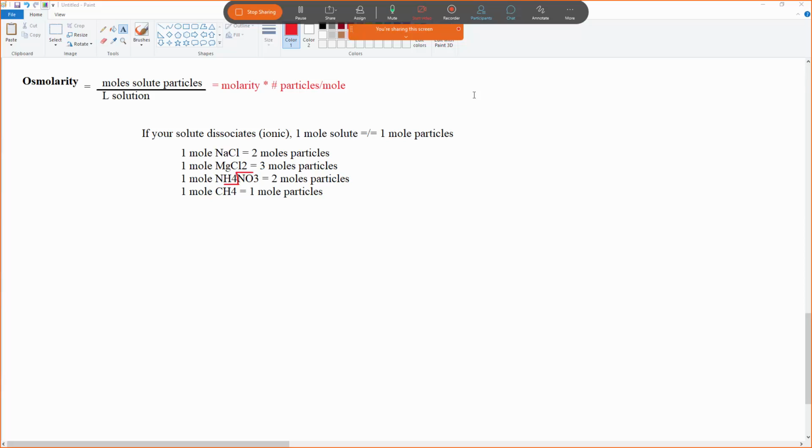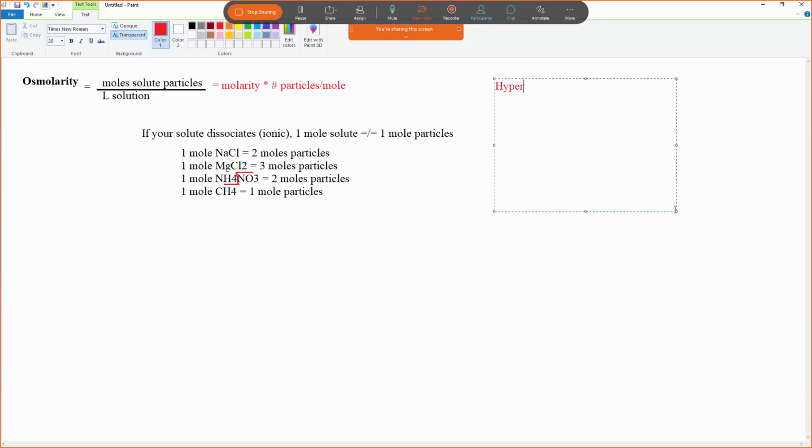Hypertonic equals a higher osmotic pressure, and hypotonic equals a lower osmotic pressure, specifically as compared to another solution. And the other solution that we typically are referring to in this case is blood, right? Higher osmotic pressure than blood, or lower osmotic pressure than blood.